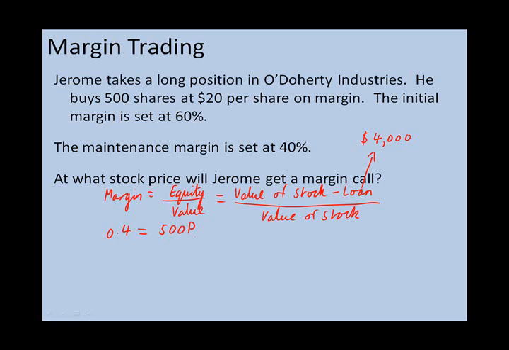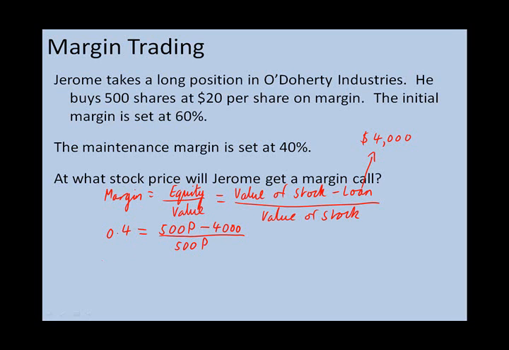So we bought 500 shares, and we're going to try and solve for the price. So that's the value of the stock, minus the loan. Well, the loan is 4,000, divided by the value of the stock, which is 500 times the price. Let's multiply both sides by 500p.